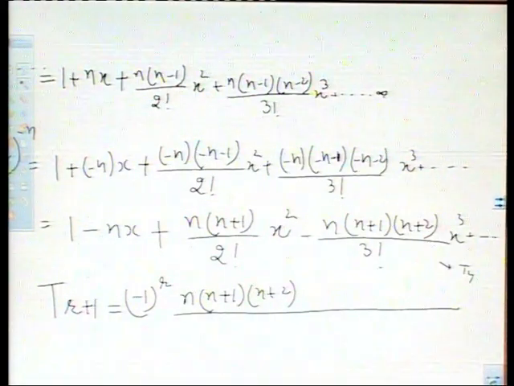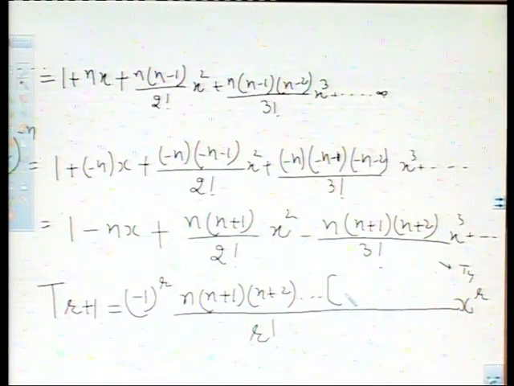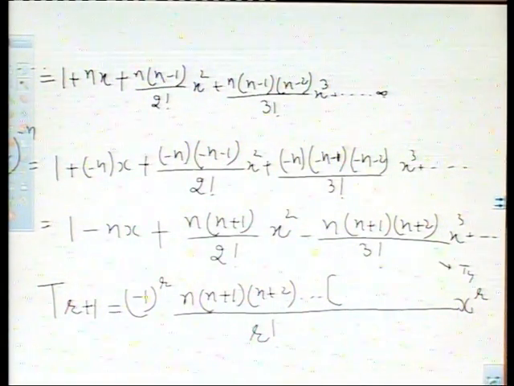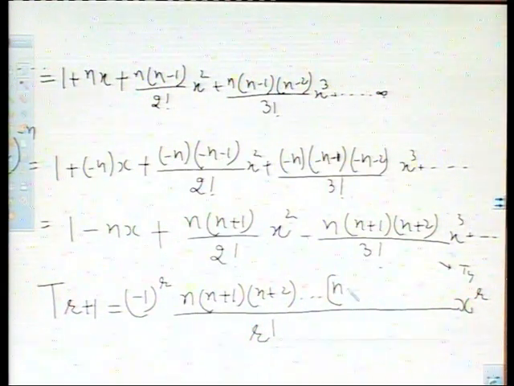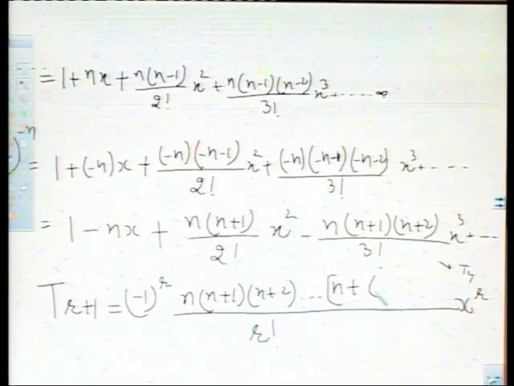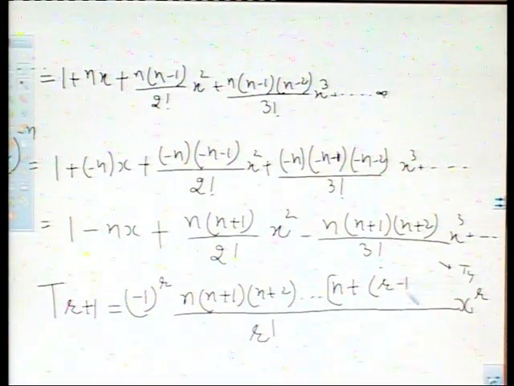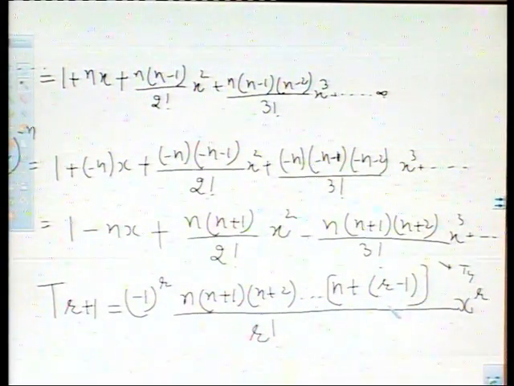And when there is the (r plus 1)th term, for the fourth term, x raised to power cube. This means x raised to power r, when there is r plus 1, one number is less, and here r factorial. What will be here? Here is 3 and there is 2, then n plus r minus 1. So this is our general term.